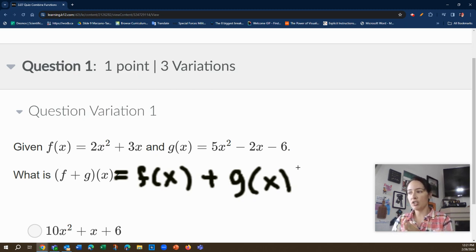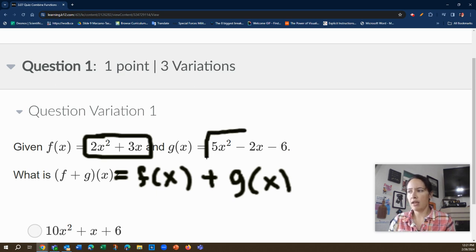Okay, so now we just know it's f of x plus g of x. What does that mean? Hopefully you're like, well, that's just going to be 2x squared plus 3x plus 5x squared minus 2x minus 6. That's it. You're just going to rewrite that there.